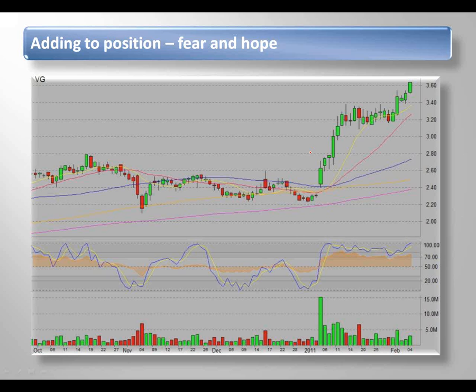Most people have trouble cutting losses, but their biggest drawback is they can't hang on to the winners, or they have a hard time adding to winners. And Jesse Livermore makes a point about how the human brain is wired: to fear when stocks go in our favor, and to hope when stocks run against us.